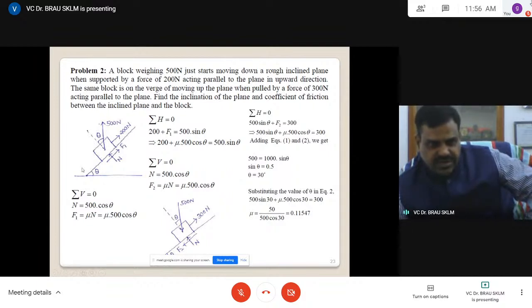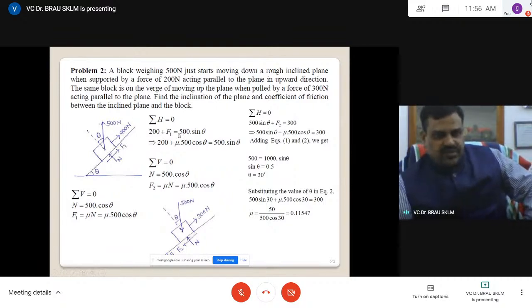F1 plus 200 minus W sin theta. This is the equation. Minus, if you move to the left hand side, minus. F1 is equal to mu times N1 or N. N is the reactive force. That's why F is equal to mu times N. N is 500 cos theta.